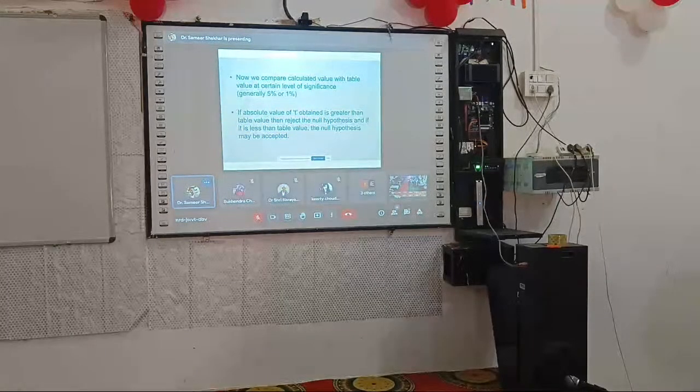So if the absolute value of t is greater than the critical value, then we reject the null hypothesis. As we can see, if that value is greater than 0.05, then we are going to reject the null hypothesis, and we will be accepting the alternate hypothesis, which may be interpreted as there is significant difference between mean of the two groups, right?